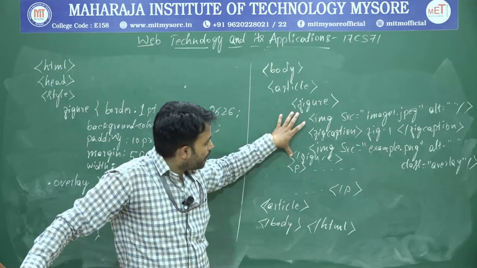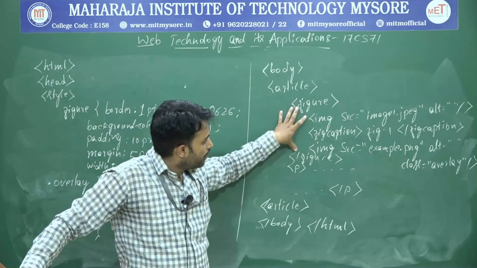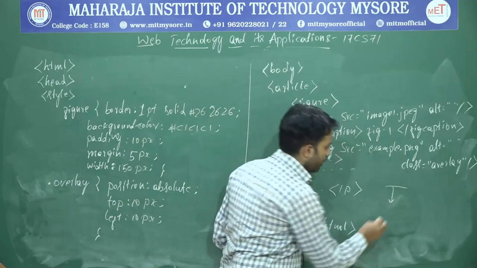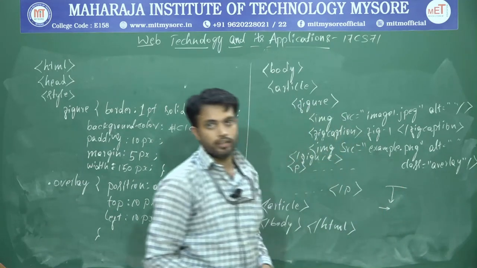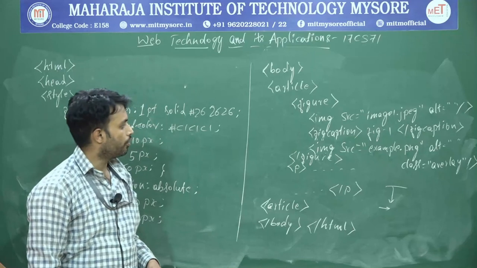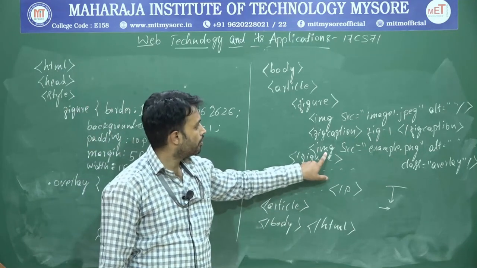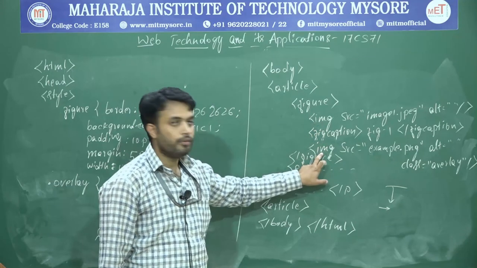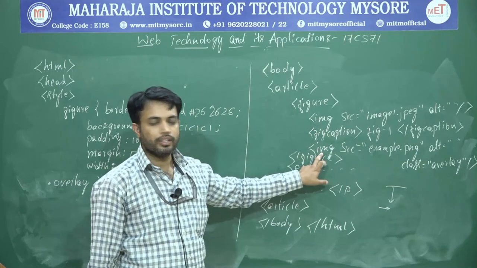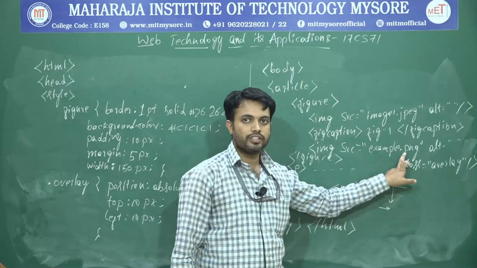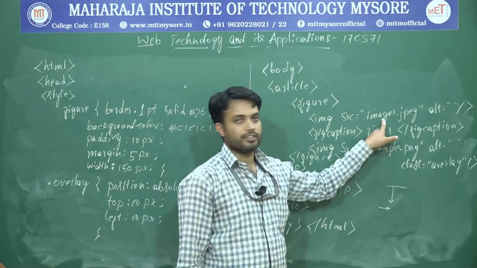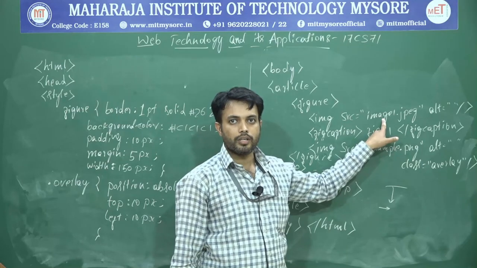So from the top 10 pixel and from the left 10 pixel, I need to display the second one. The first image is overlapped by the second image. Since it's a PNG image, you can see this image on top of image 1.jpg.